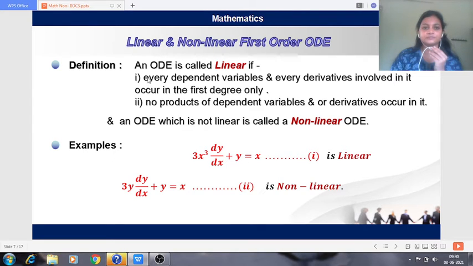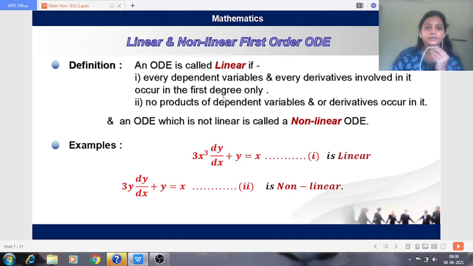That is, every independent variable and every derivatives involved in the ordinary differential equation occur in the first degree only, and there is no product of dependent variable and its derivative in that differential equation.